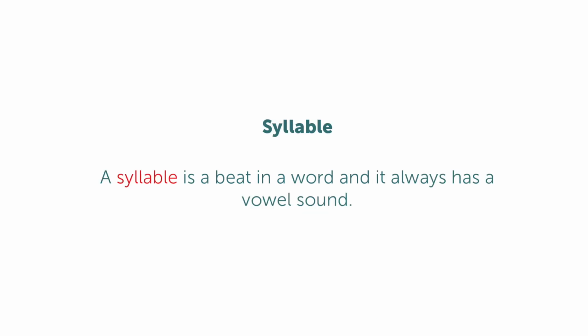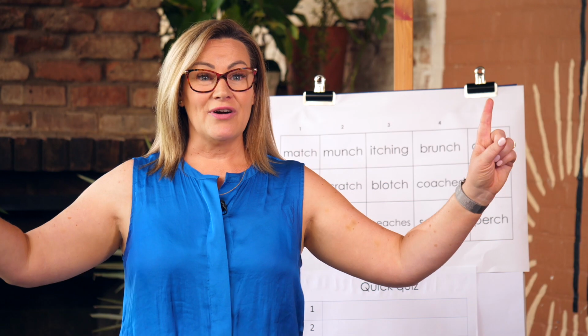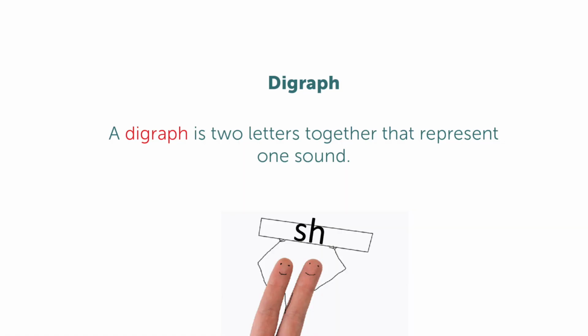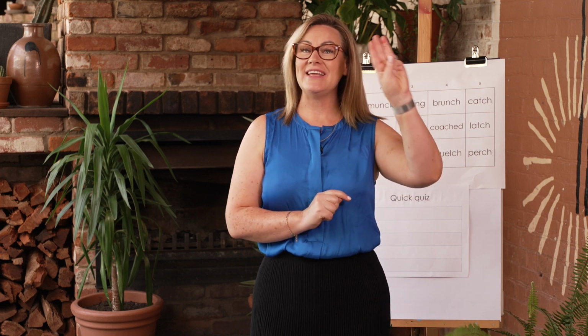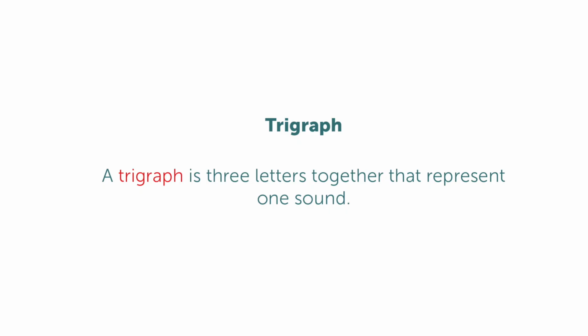A syllable is a beat in a word. It must have a vowel in it. A digraph is 2 letters together that represent one sound. And a trigraph is 3 letters together that represent one sound.